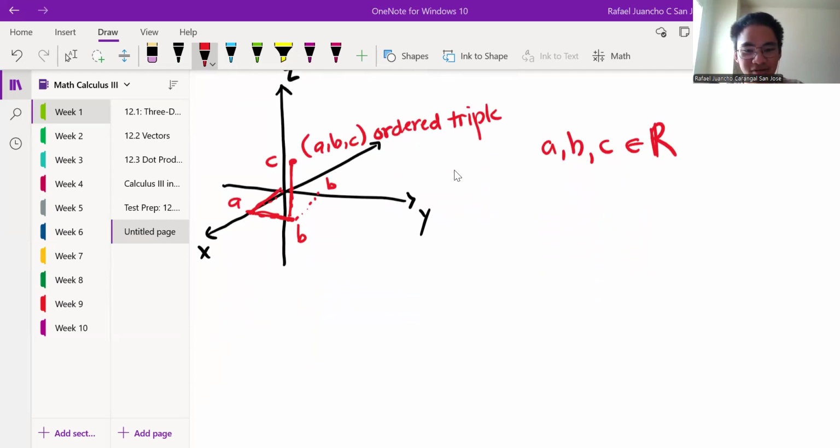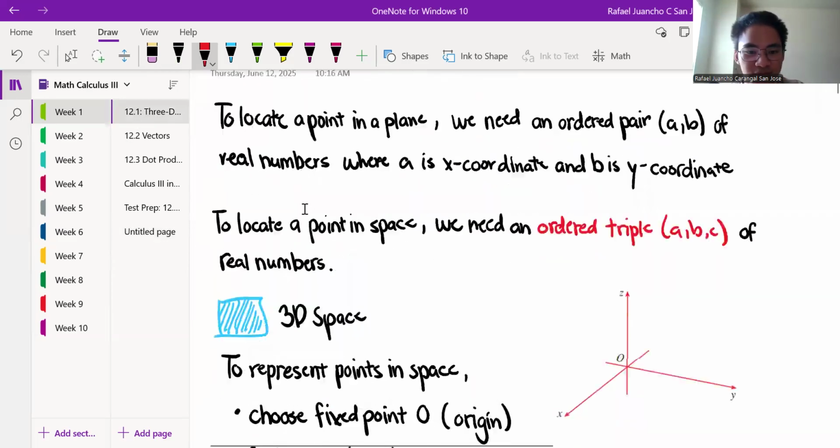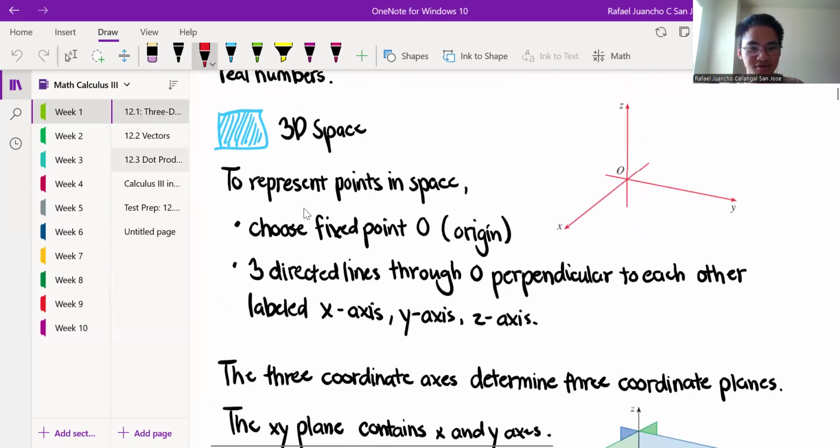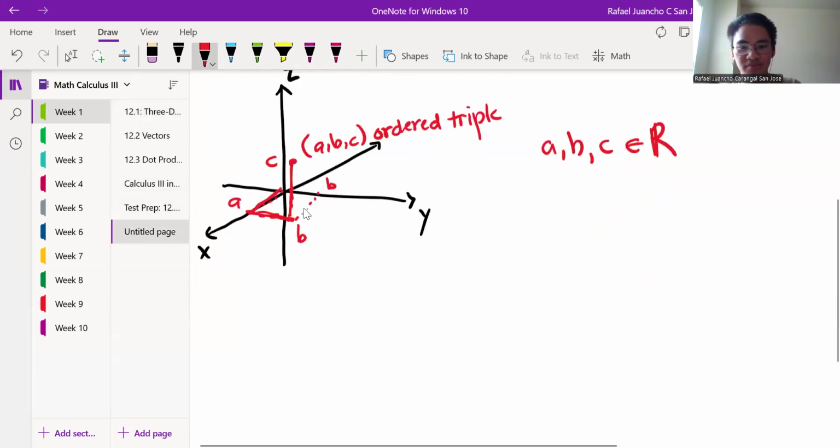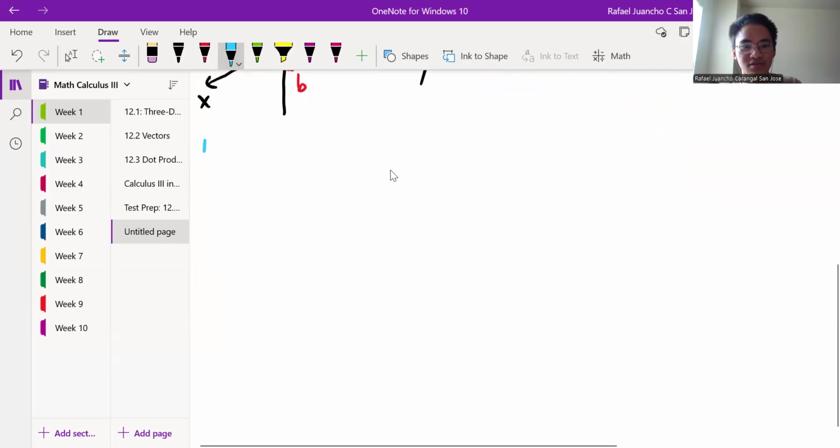So the first thing we're gonna be talking about, oops, notes aren't scrolling. So the first thing we're gonna be talking about is this thing called a 3D space, right? So this 3D space represents points in space.